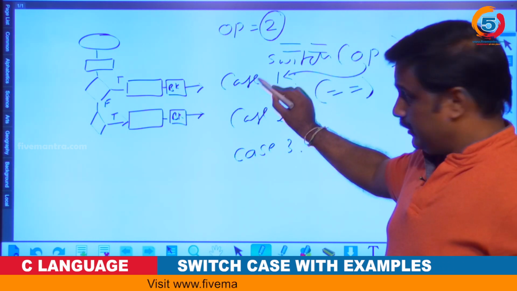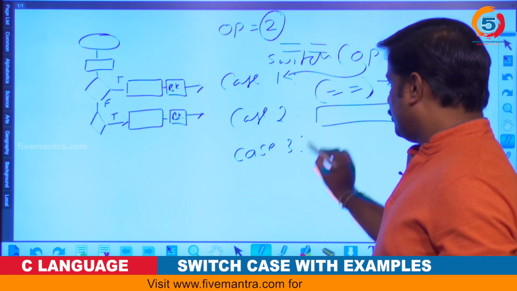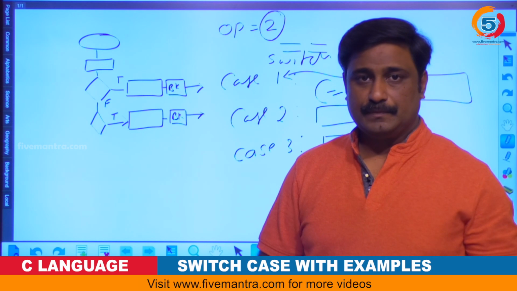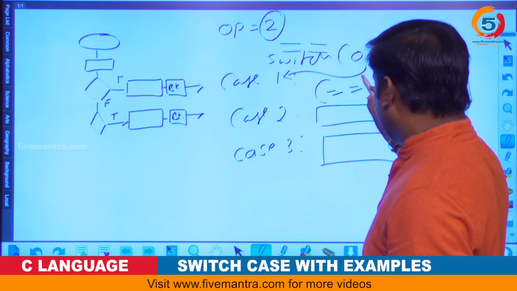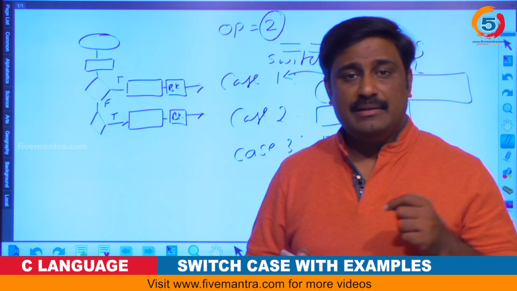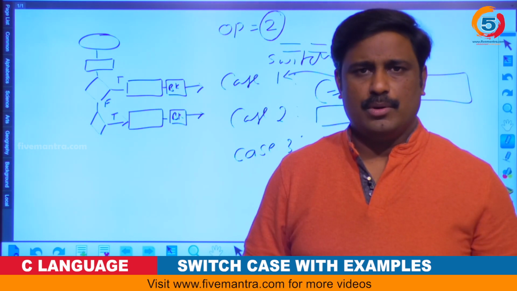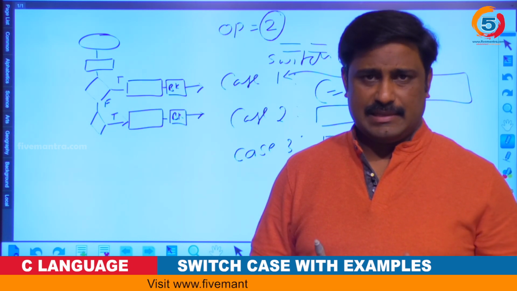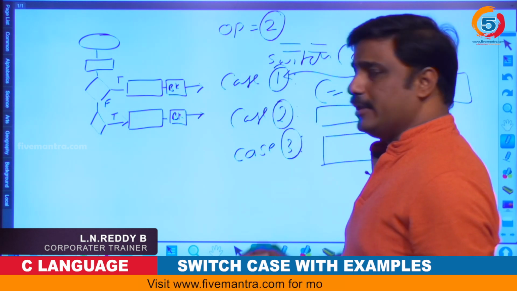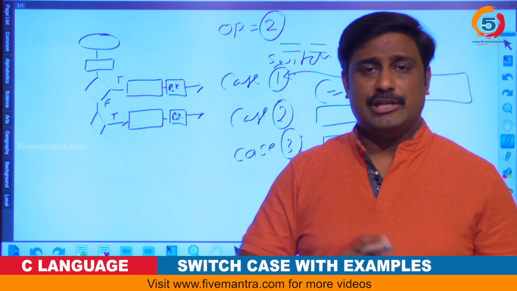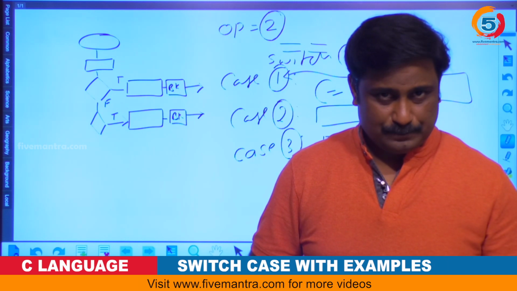If OP equals 1, then it will execute this block. If OP equals 2, then it will execute the next block. There is no less than, greater than, or not equal to; internally only the equal operator works. Remember that when I am working with the switch case, only the comparison operator equal to works with the cases. Every time the optional variable is compared with the cases, and if any case is equal to it, then it will execute that block, otherwise it won't be executed. This is the fundamental implementation of a switch case.